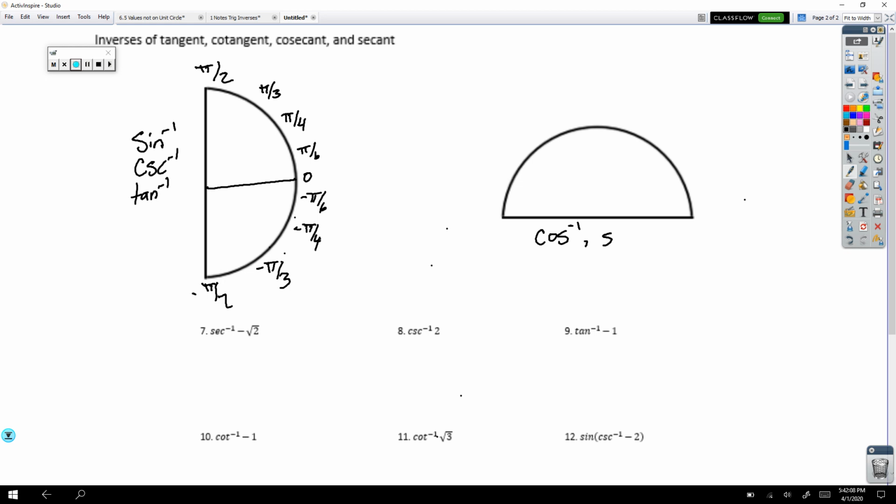It's reciprocal, so secant inverse, and then it also works for cotangent inverse. And again, I'm just going to fill in this half circle. 0, pi over 6, pi over 4, pi over 3, pi over 2, 2 pi thirds, 3 pi fourths, 5 pi over 6, and then pi.